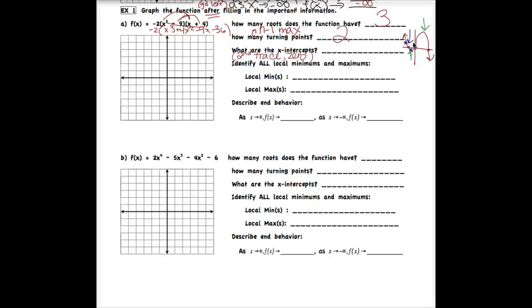And hopefully I can get my calculator to actually get it. I have to move my blinky an awful lot. It says that that zero is -4. So -4, 0 is an x-intercept.